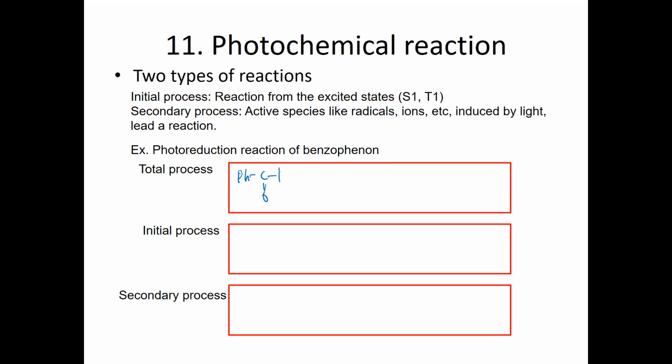So at first, I will show the total process of the reaction. It has a benzene aromatic ring. And this one is benzophenone, which is one of the key players in photochemical reactions, and it includes a carbonyl.